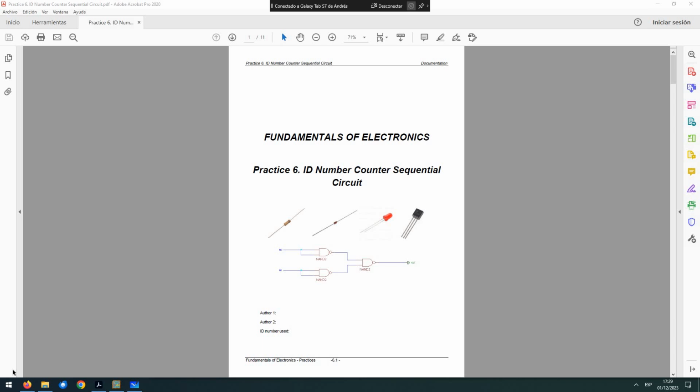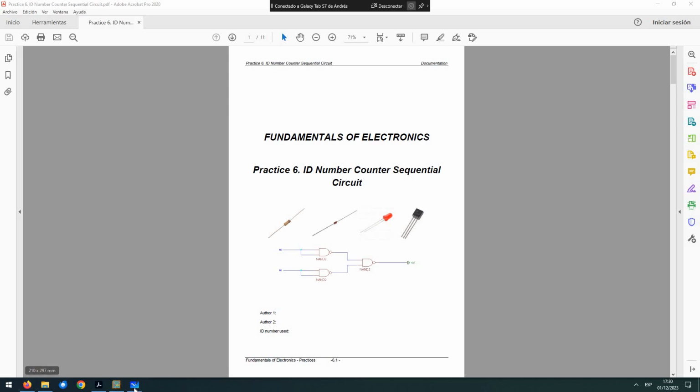Hello everyone, I'm recording this video because I wanted to make some comments about practice 6 just to help you with the design. In practice 6 we are going to design a sequential circuit, and this circuit is going to be a counter. If you remember from class, a counter is a kind of sequential circuit that generates a sequence at its output.